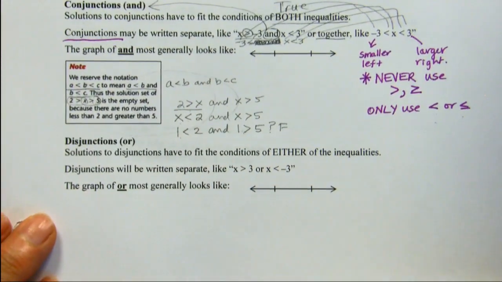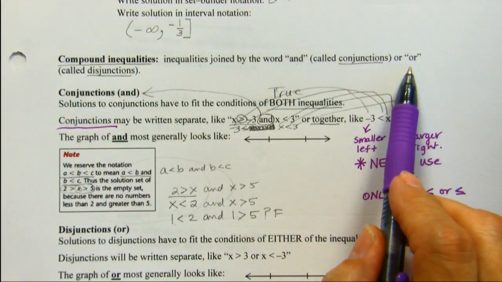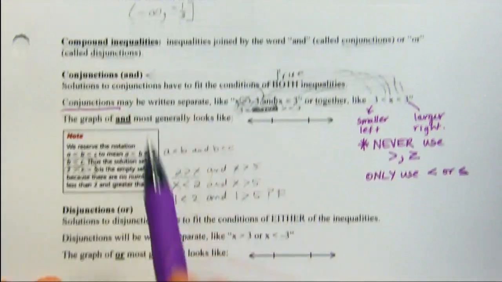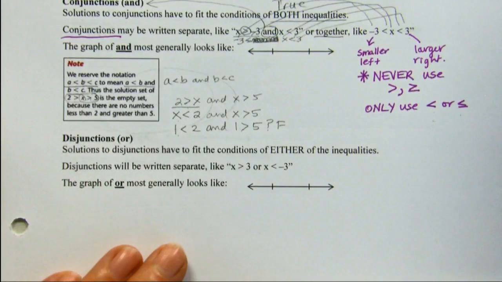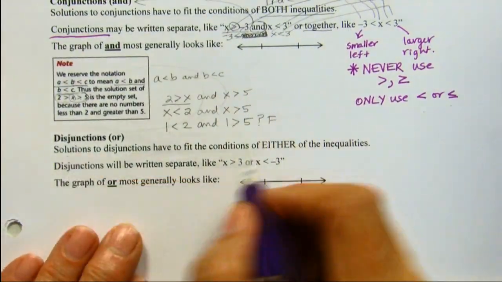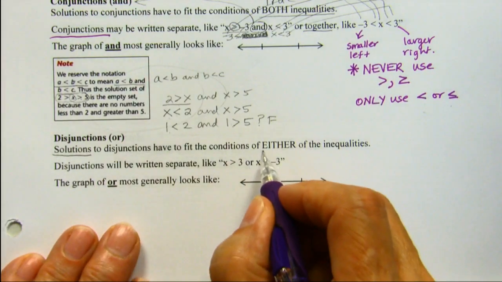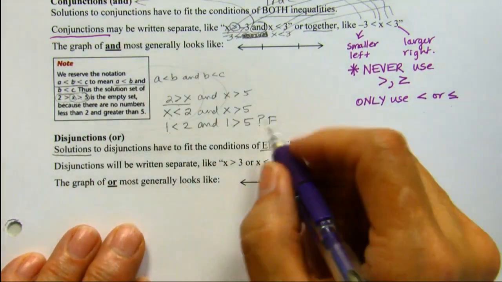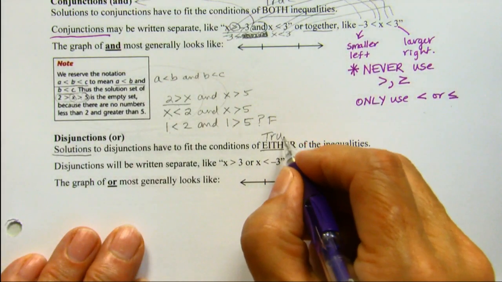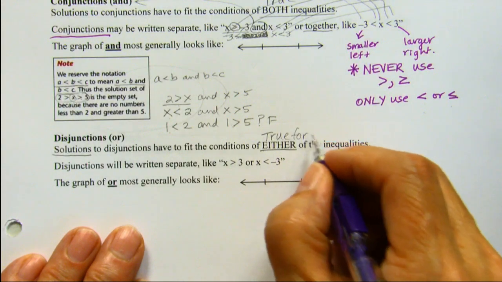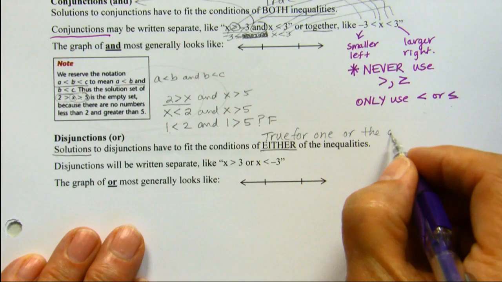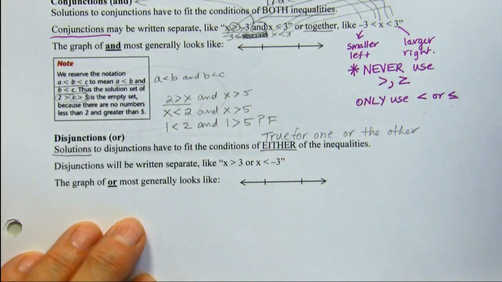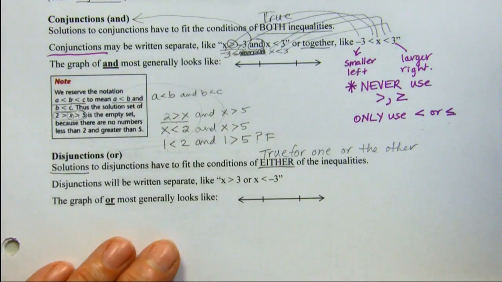Okay, the next one was with the word or. We have a disjunction. Ors are much easier to work with. The solutions can be either true for one or the other. It's not true for both like conjunctions.